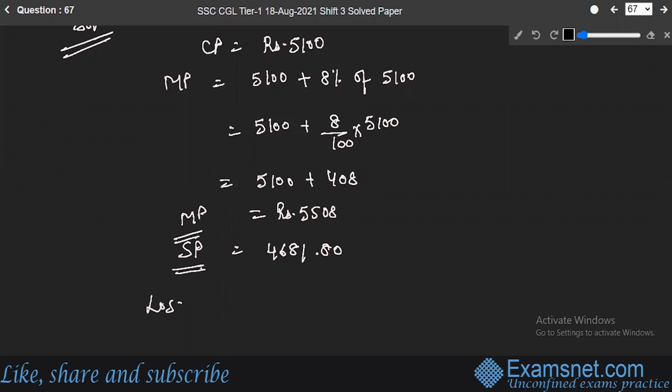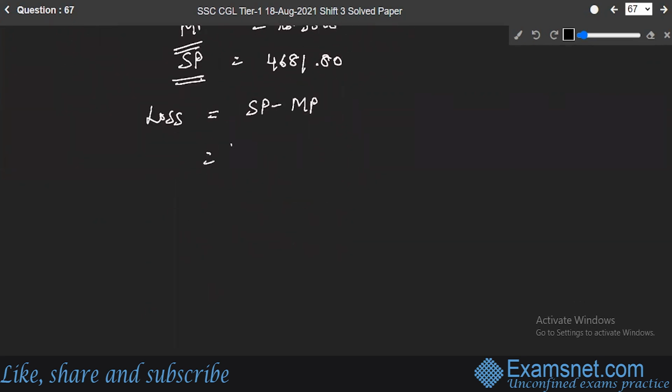Of course, you are having a loss over here. So actually, you will say it like marked price minus selling price. So this will be 5508 minus 4681.80.